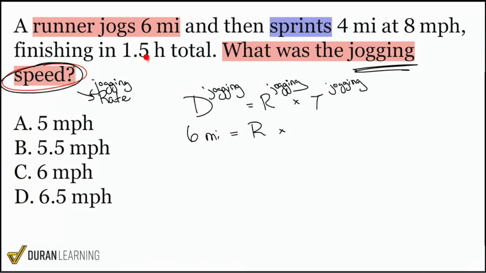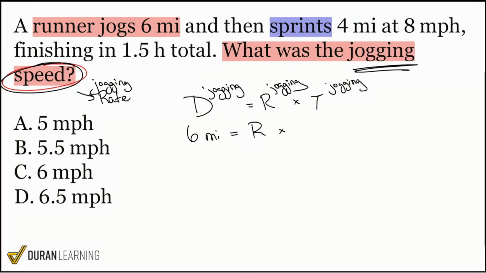Everyone, the 1.5 hours represents what? What does that actually represent? The time in total, for jogging and sprinting together. Together, exactly.